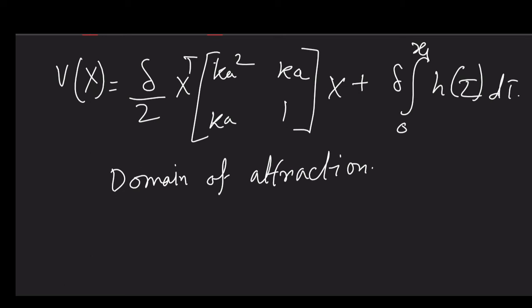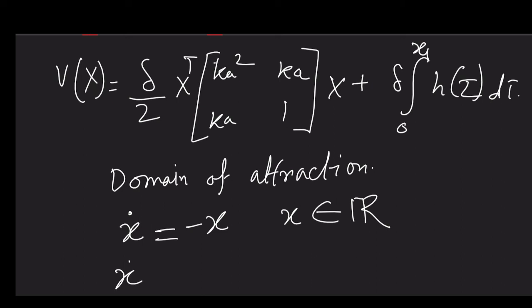So what is an example of a globally asymptotically stable system? I can give you a few examples of linear and non-linear systems. They are globally asymptotically stable. Here x belongs to R. These are globally asymptotically stable systems.